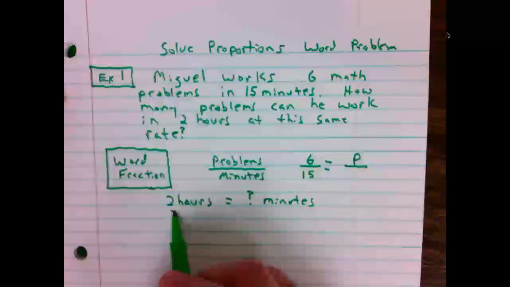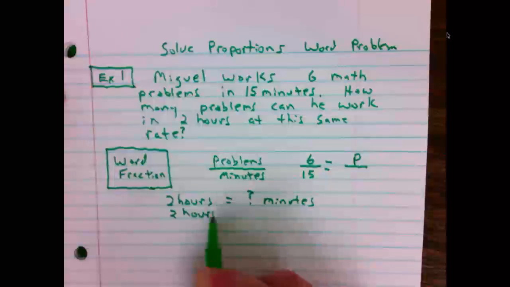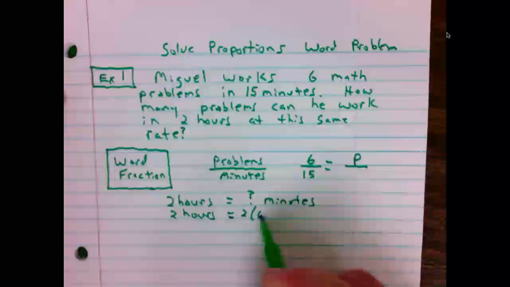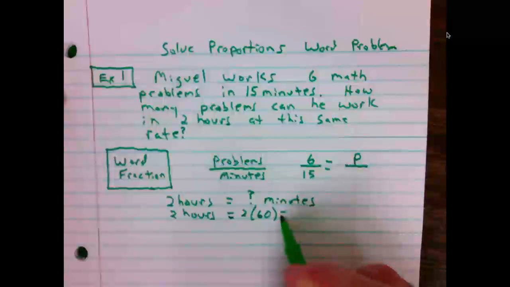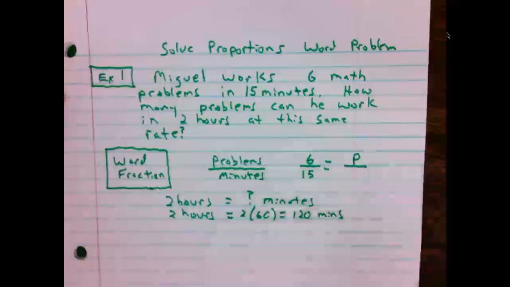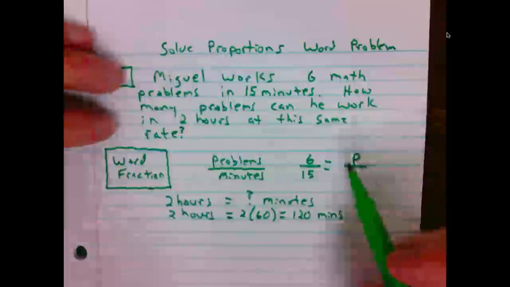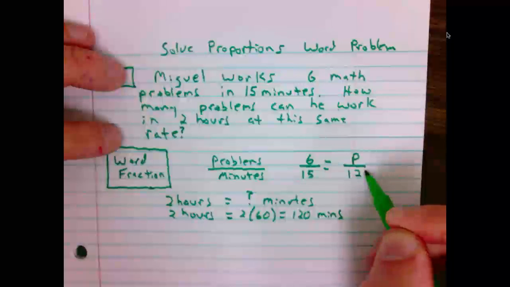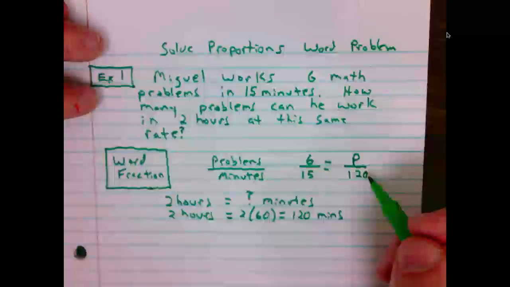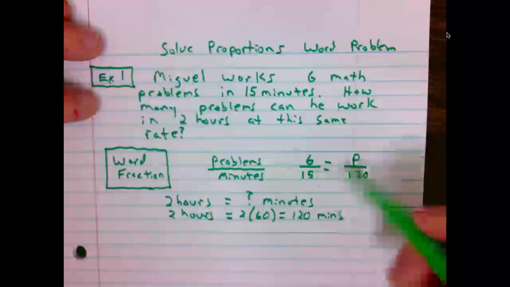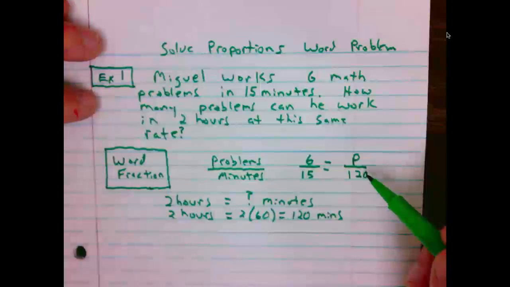So 2 hours is 2 times 60, or 120 minutes. Okay, so 120 will go in the denominator.